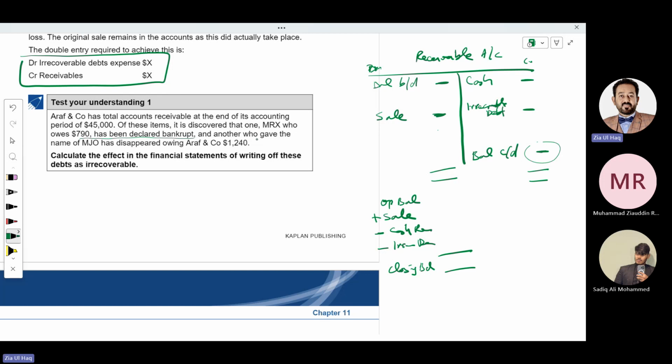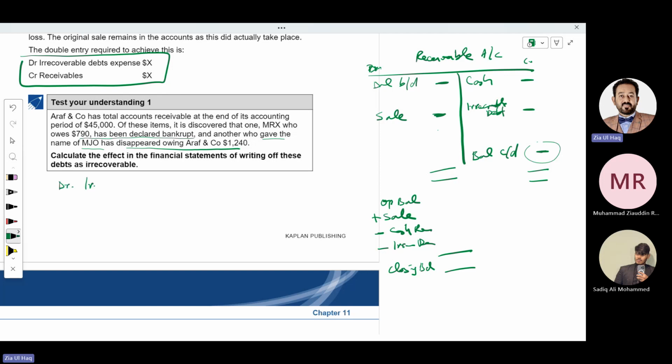And another, MJO, has disappeared owing 1240. So calculate the effect in the statement of writing off these debts as irrecoverable. What is the accounting entry? 1240 plus 790 is irrecoverable debt.